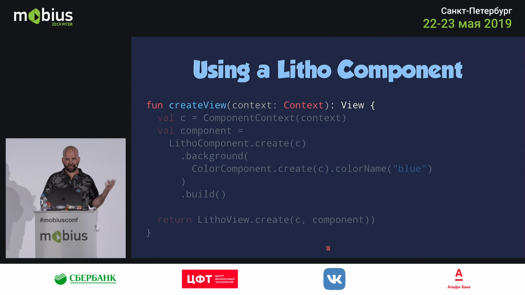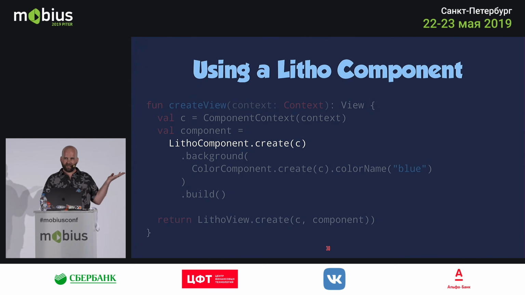I made a function called createView that returns a Litho view. The first thing you do is create this ComponentContext, which takes the Android context. This is important: every component in your tree needs to be created with the same context. It's one of the mechanisms Litho uses to determine what's changed when it does the diffing.